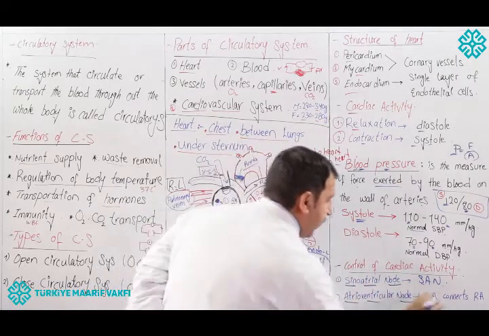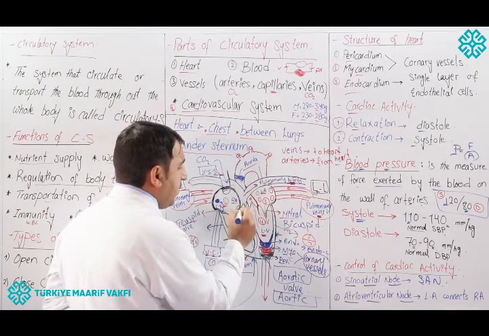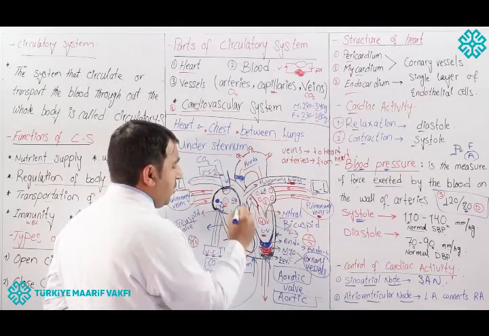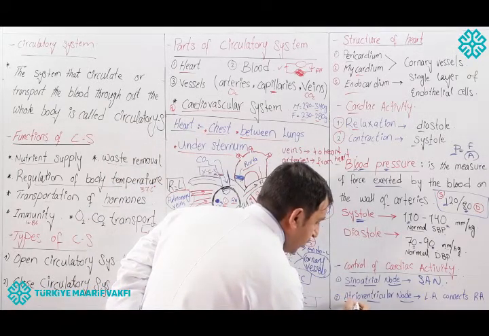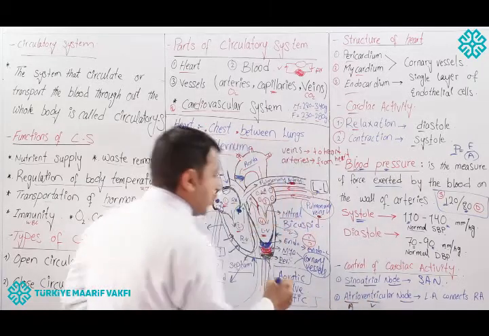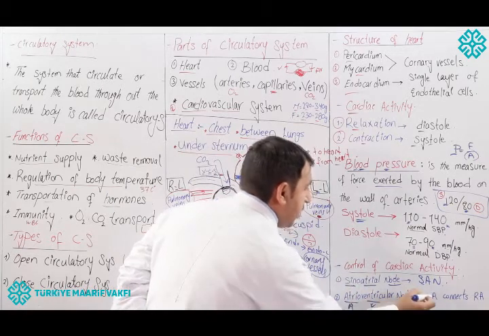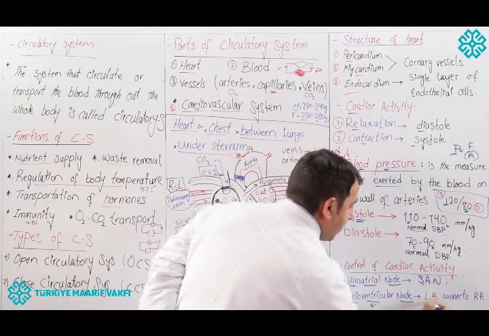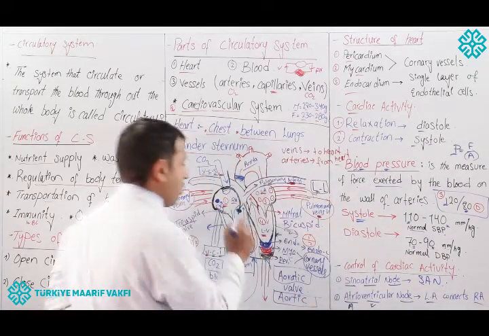And the atrioventricular node is located between the atrium and the ventricles. So the name of this node is atrioventricular node, and it connects the left atrium to the right atrium.